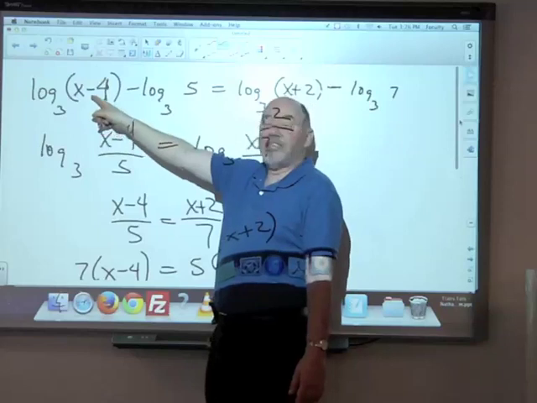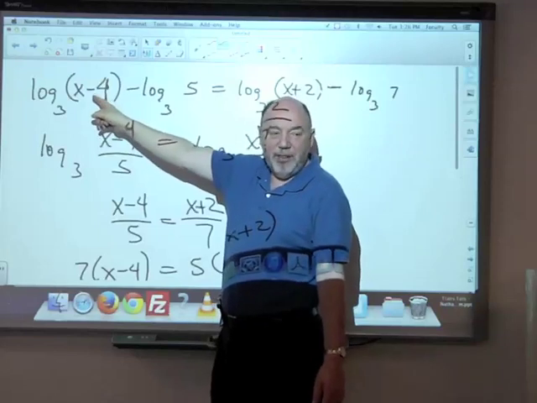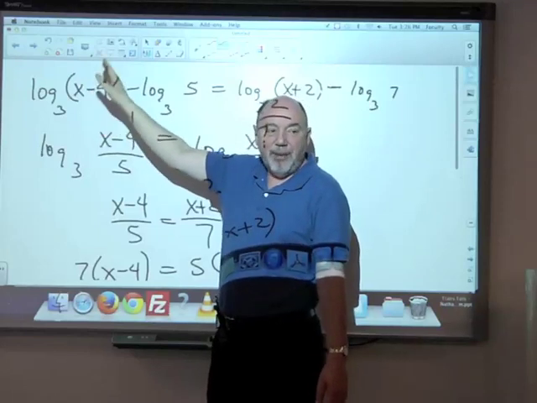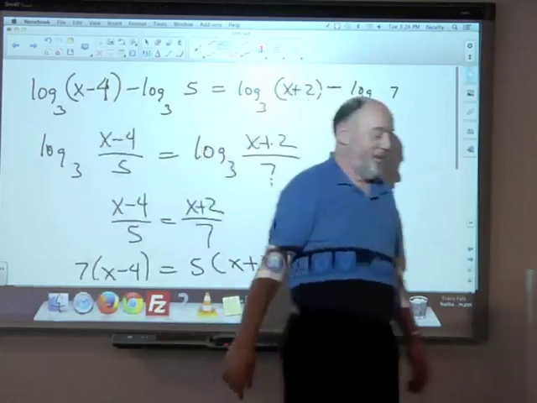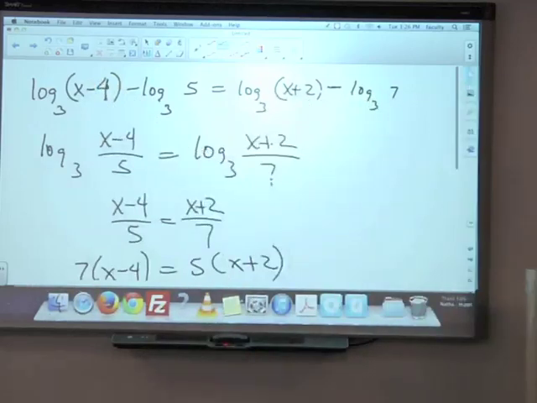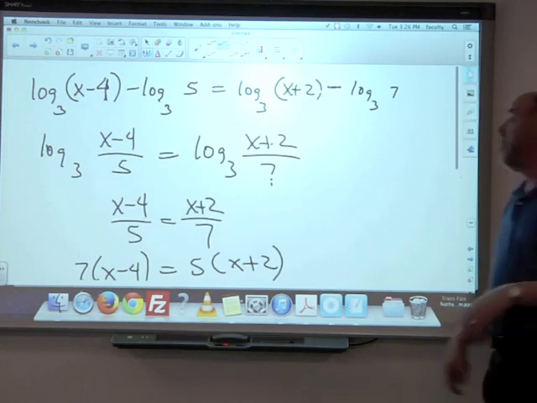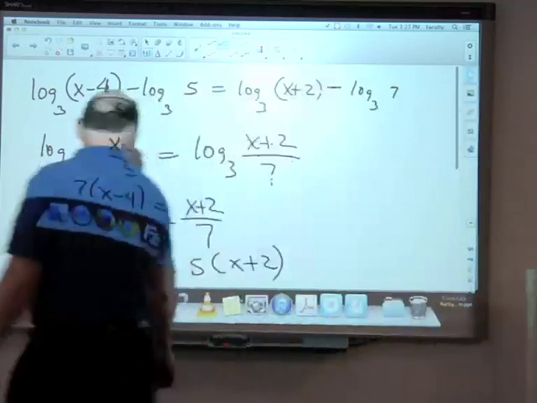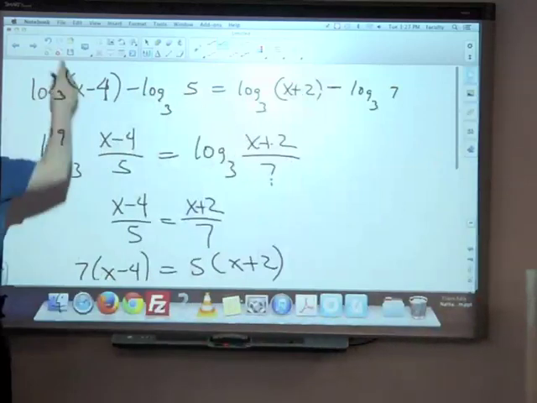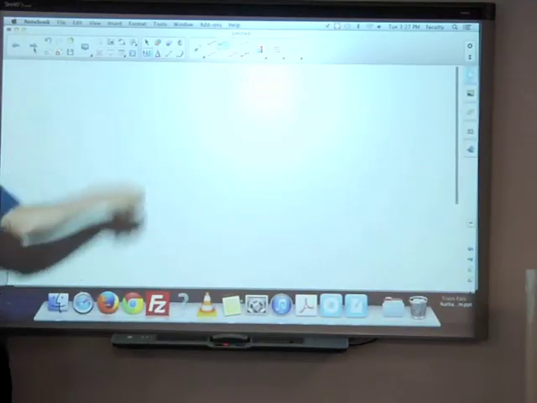All I have to do is see if it's going to be positive. That's all I need to know. I don't care what it is. I just have to make sure it's going to be a positive number, because I can only do logs of positive numbers. Now, what about solving ones of this type?